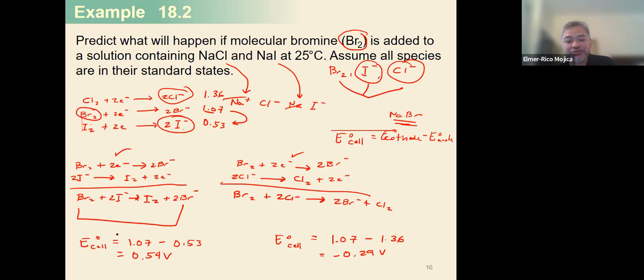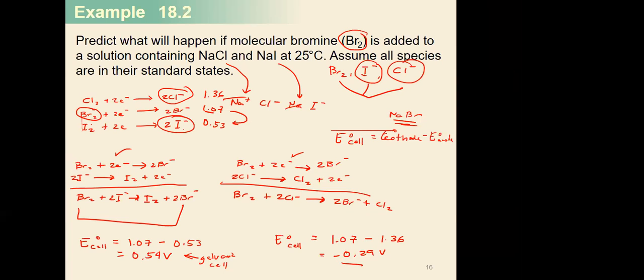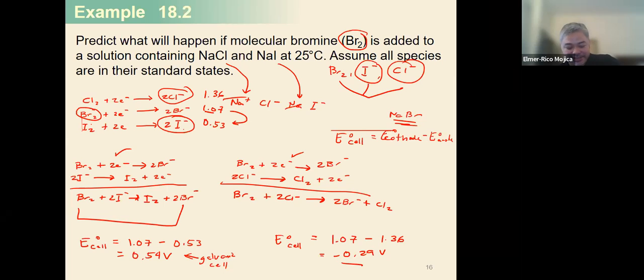Right now, we just focus on the positive one, because a positive value tells you that it's a galvanic cell. And if you have a positive cell potential, that means you have a spontaneous reaction. Now, why did I say the other one does not happen? Because as you can see, the cell potential there is a negative value. A negative value means you have an electrolytic cell. It can only happen if you supply that amount of energy.